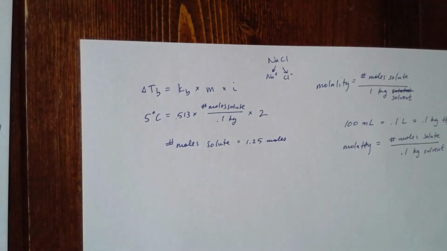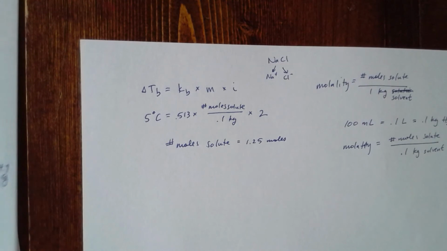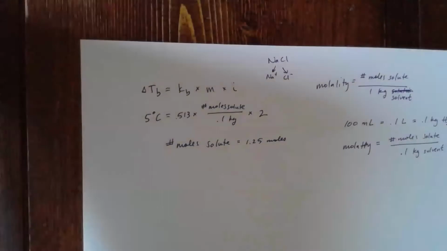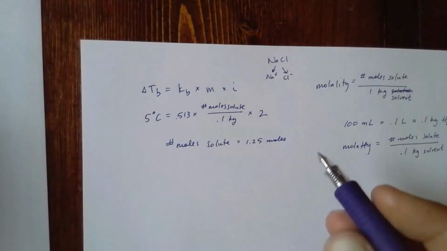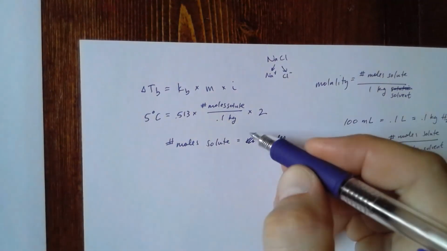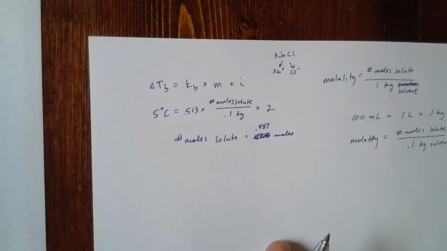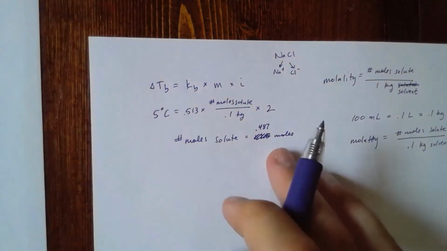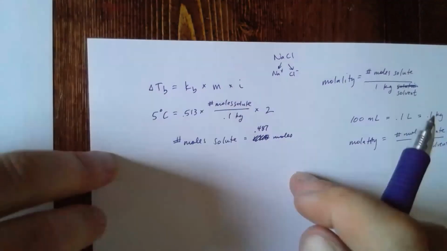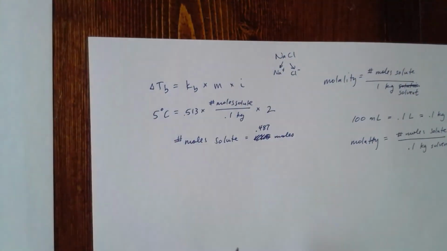Okay? Nope, that's not right. Sorry. That's not the right answer there. That's going to become 0.487 moles. Sorry. All right, so 0.487 moles, and obviously these numbers will be different for whatever you do, but follow these same steps and plug in your numbers and see what you get. All right, so number of moles of solute, 0.487.